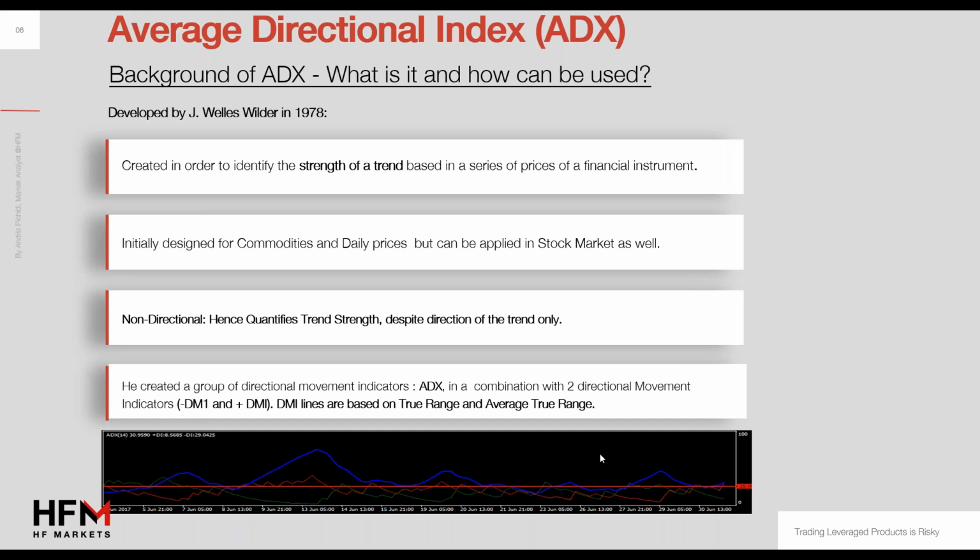As I said, it's combined of 3 lines. The minus stands for directional movement. Minus directional movement is negative directional movement. The green one stands for positive directional movement.